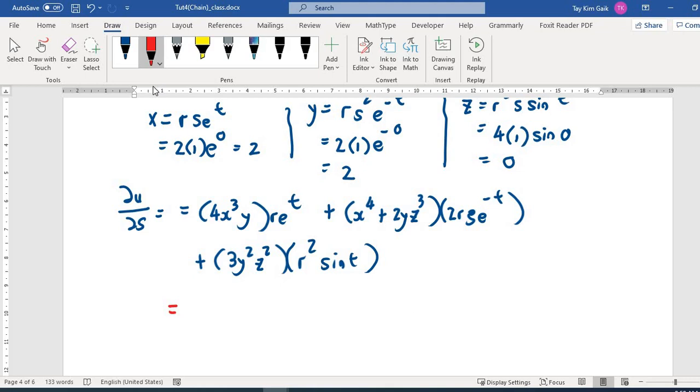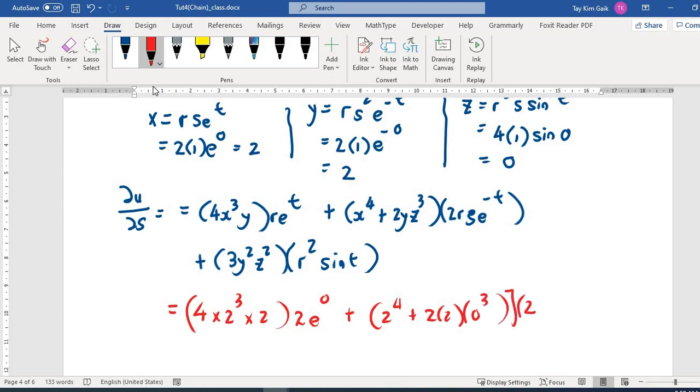So x is 2, so we have 4 times 2 cubed, y is 2. R is 2, t is 0, so exponent is 0. X is 2, so 2 power 4, y is 2, z is 0.